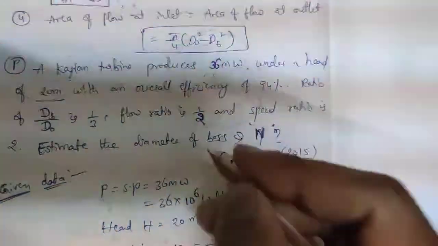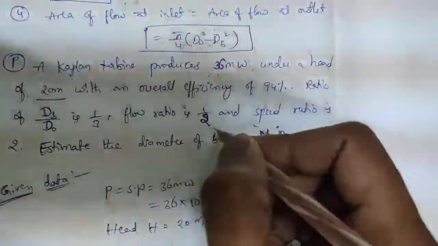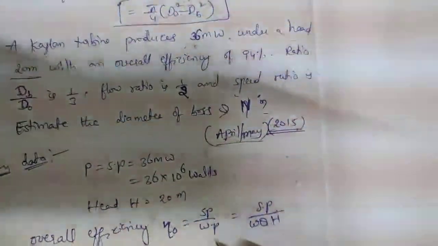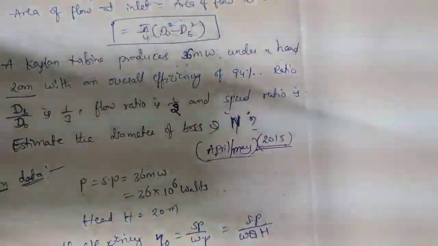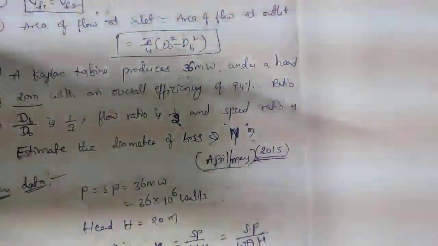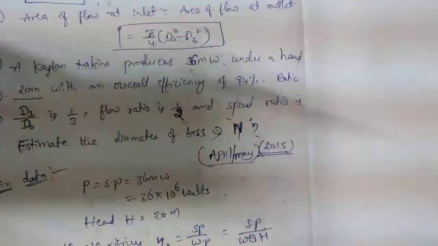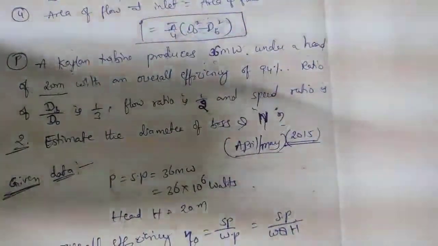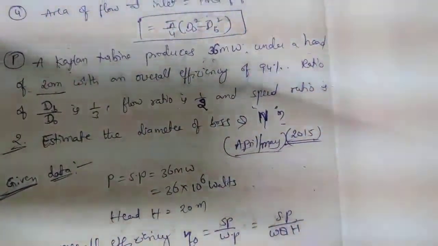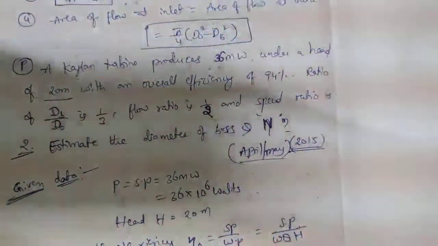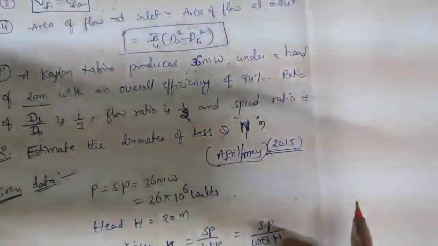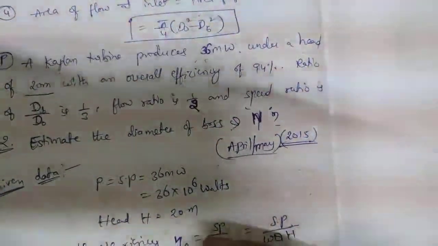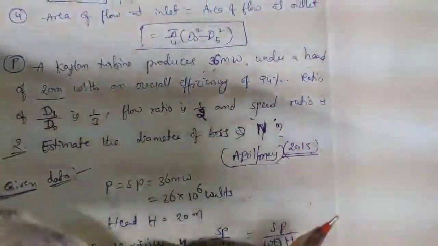This is not 1 by 3, this is 1 by 2. So correct it in the book. So Kf is 1 by 2, and speed ratio phi is equal to 2. So estimate the diameter of the boss or hub. We can also call the hub the boss.